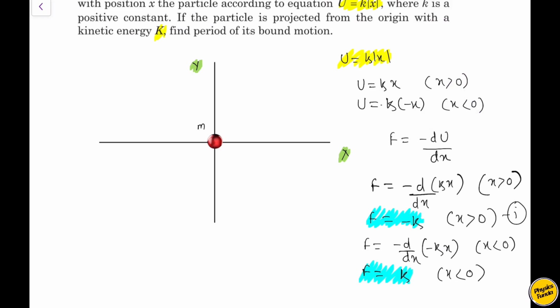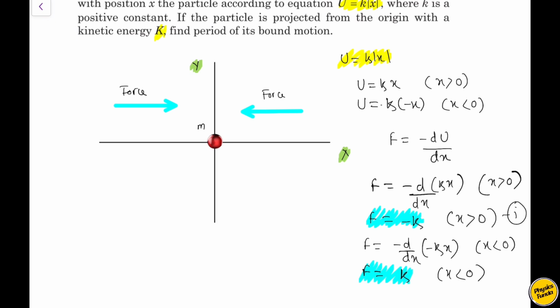That simply means that if my particle is in positive x, there will be a force directed towards the negative direction like this, and if my particle is in the negative x-axis, then the force direction will be towards the positive direction, right? That I can infer from the equations that I got. Okay, so I got the relation for the force.